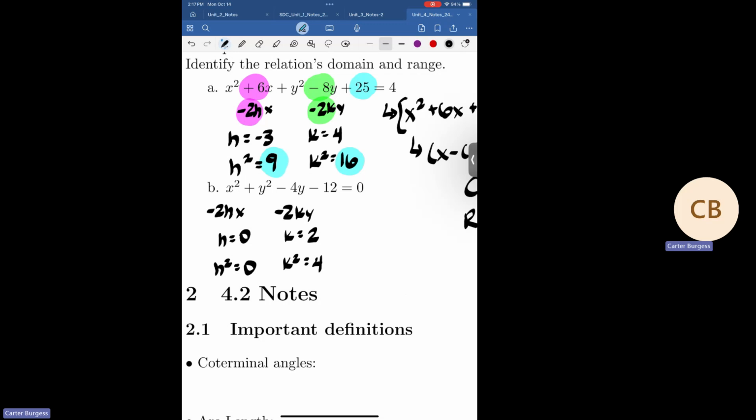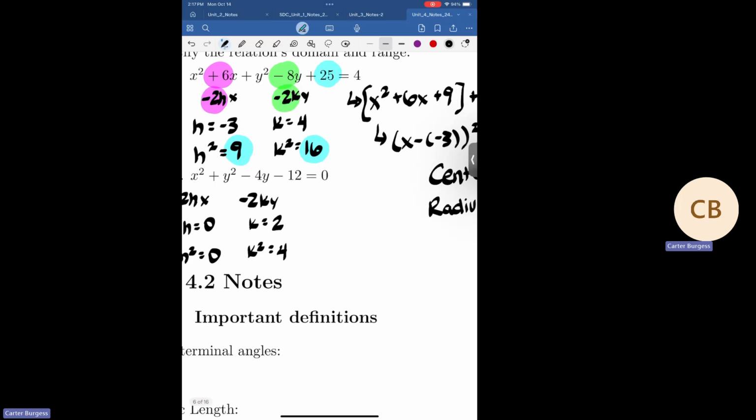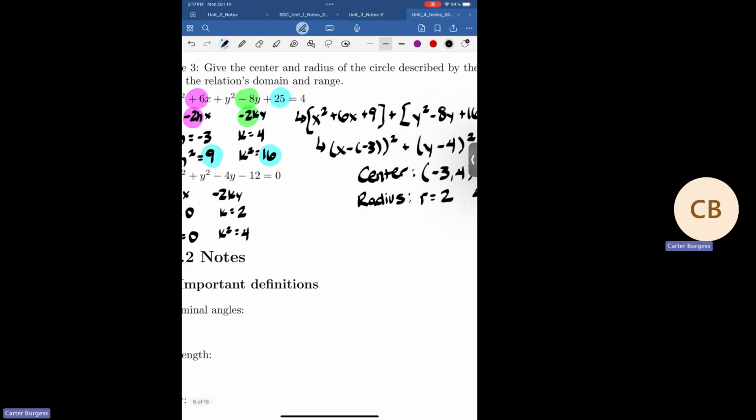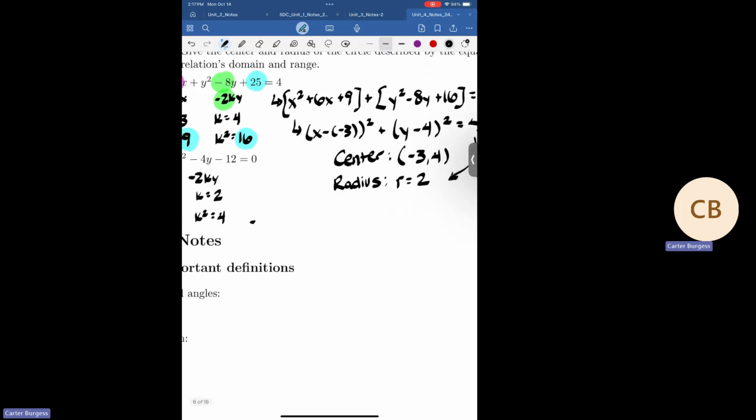So negative 12 is h squared, k squared, and r squared all combined. h squared and k squared are added and r squared was subtracted. So one way to do this, and I think a really good way, is to note that negative 12 is equal to h squared plus k squared minus r squared.